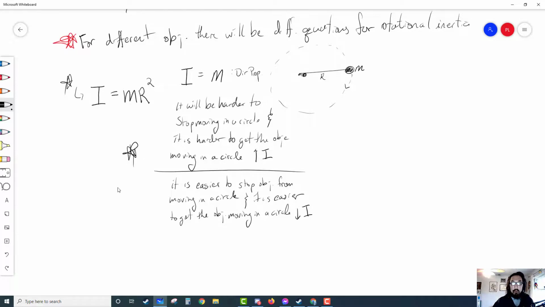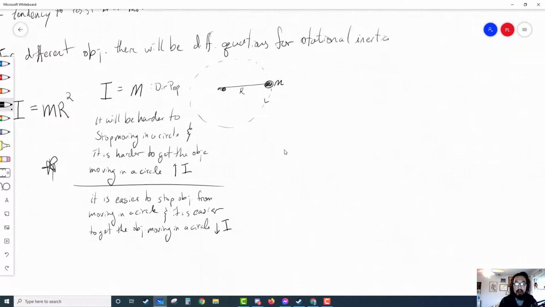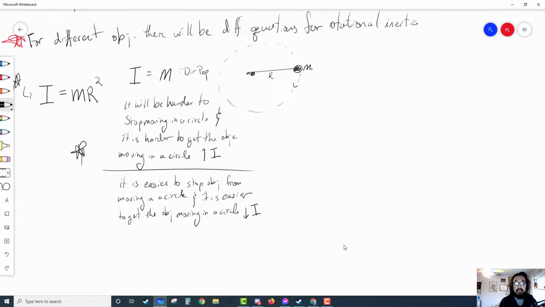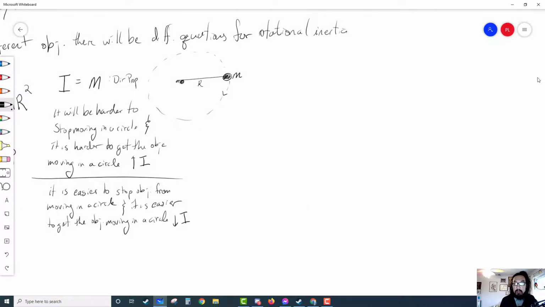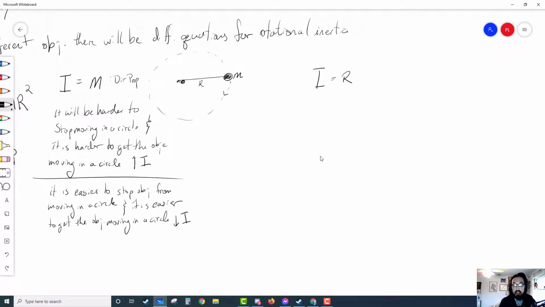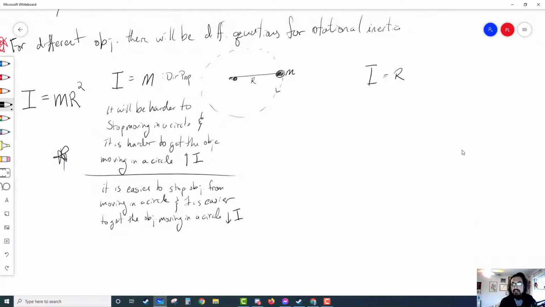Okay, so we have that, and the other relationship, I'll scoosh this one over, is the relationship between inertia and radii, or the radius. So if we take a look at the equation, if it's just the radius, it will be a directly square proportion.